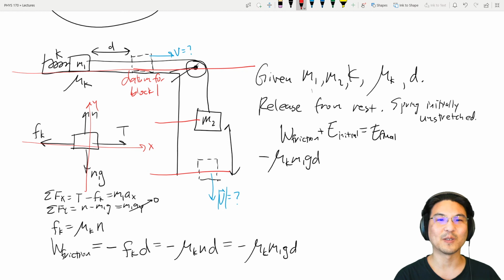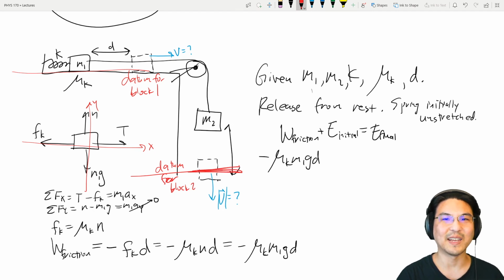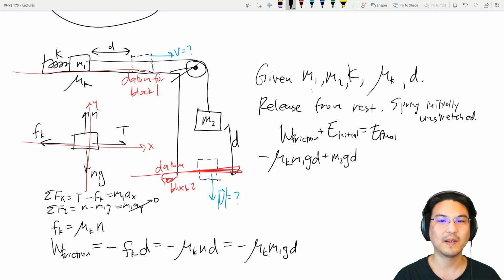So any of the choices is fine. So how about we go with here, datum, for block 2. So if the datum is here, we're now above the datum by this much. So for block 2, it has gravitational potential energy, m2g d, above the datum. Okay, and then that's it.